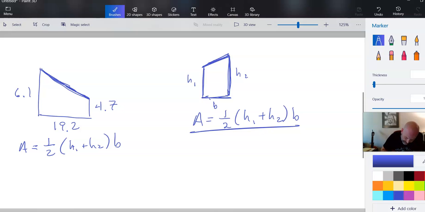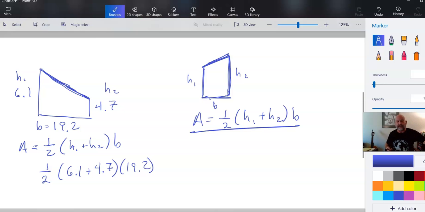Okay, so now we just need to identify these things. So this is height 1, so this is H1, this is H2, and this is B. And we just need to plug things in. So this is 1/2 times 6.1 plus 4.7 times 19.2.